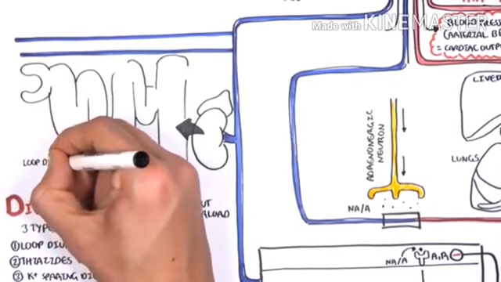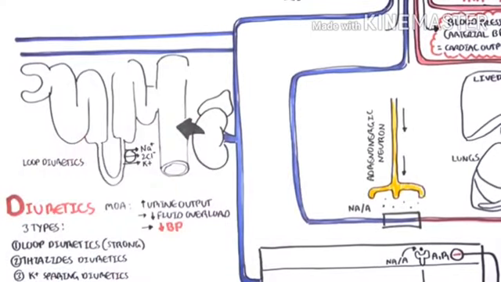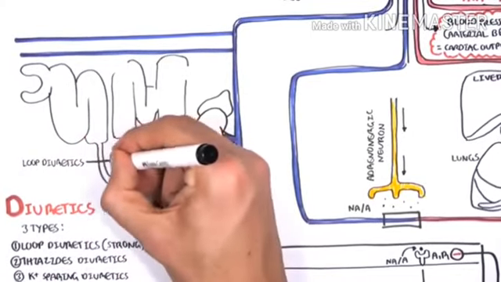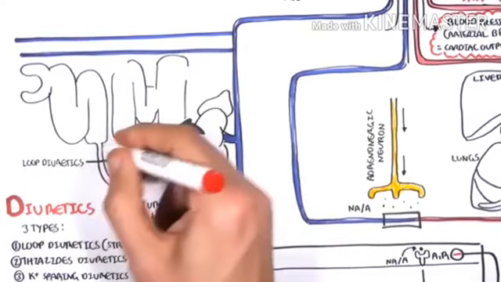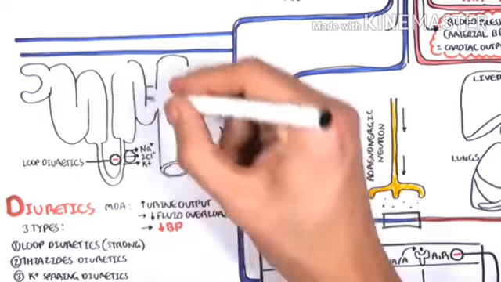The loop diuretics act on this transport channel and block the reabsorption of sodium ion. By blocking the reabsorption of sodium ion, they decrease the reabsorption of water and thereby increase the water loss into the urine, and thereby increase the urine output and decrease the blood pressure.